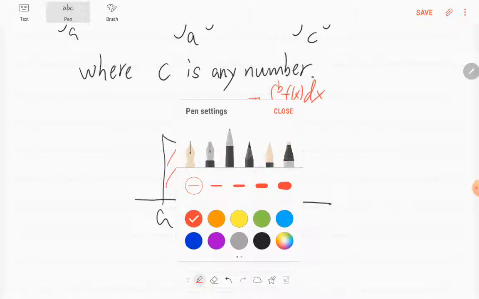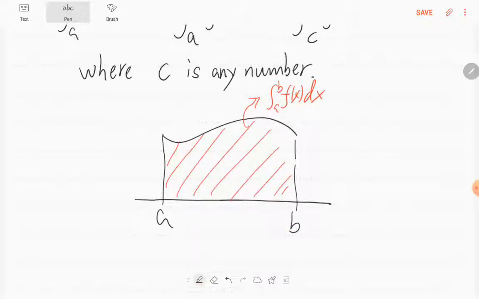If we insert a number c, let's look at the left region. The left region is the integral from a to c of f of x dx. The right region is from c to b, f of x dx.